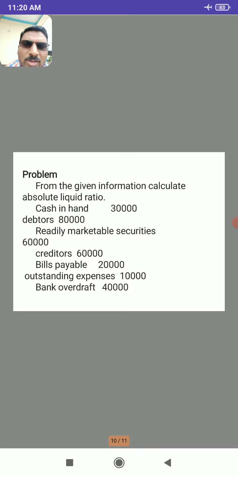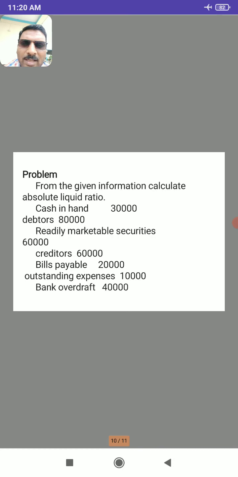First of all we have to find out the absolute liquid assets and the quick liabilities. After finding the total absolute liquid assets and total quick liabilities, we can easily find the absolute liquid ratio.